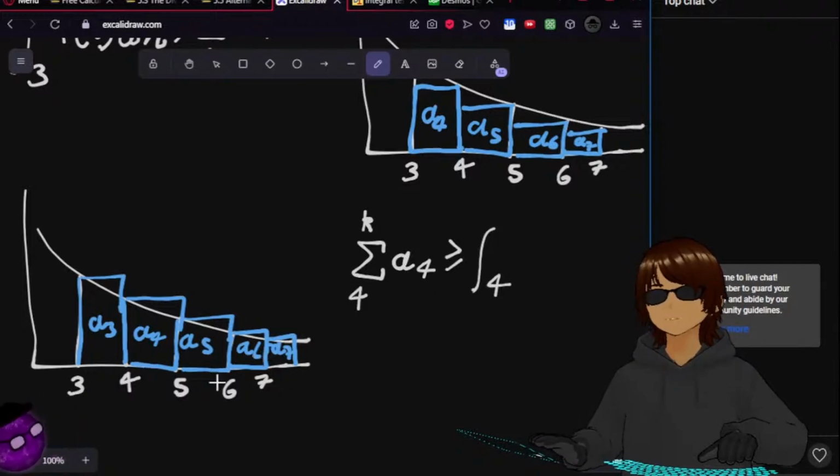Let's say, for example, from 4 to 7, the overestimate would be A4, A5, A6. If we do it till k, AK, then it would be an overestimate from 4 to k plus 1.